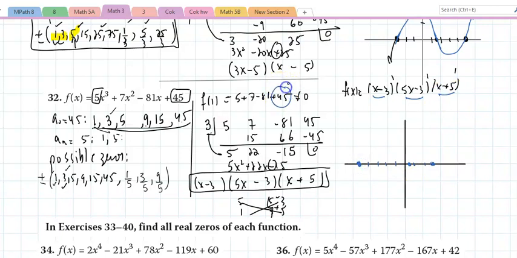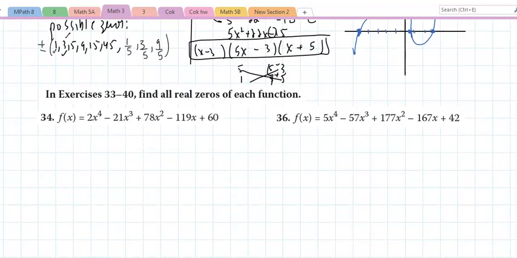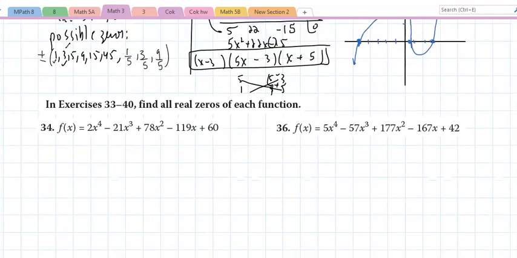The y-intercept is 45. Cubic. Since it's multiplicity 1, you go straight across, and you're going to come straight across and straight across. And there it is. And that's pretty much what it is. The last few problems, it says find all the zeros. We want to do a bit more.